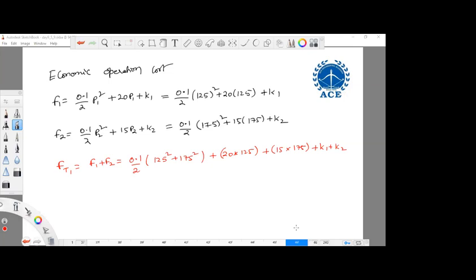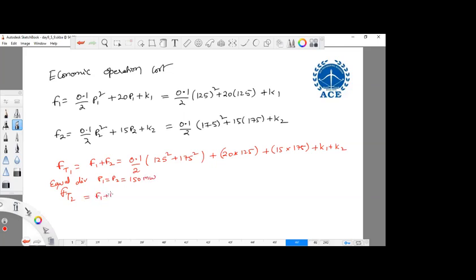So now, what is the total fuel cost FT1 if you simplify this? Simplify, and then equal division, FT2. Equal division means P1 is equal to P2, how much here? P1 equals P2 equals 150 megawatt because the load is 300.